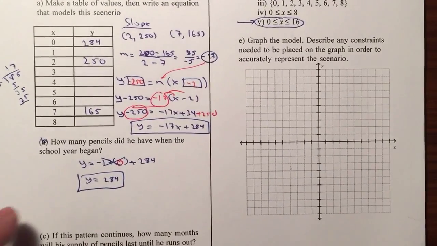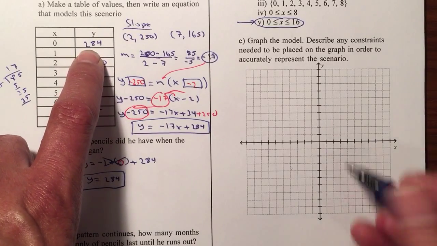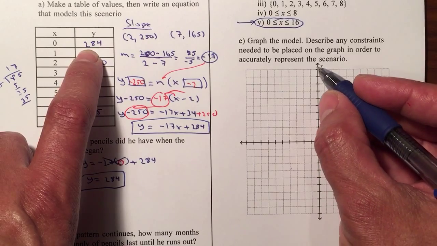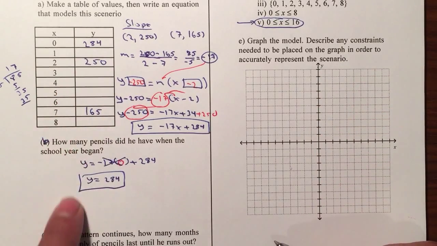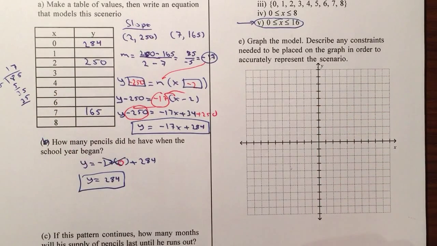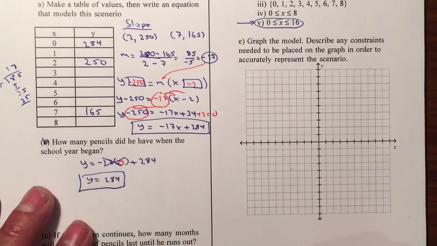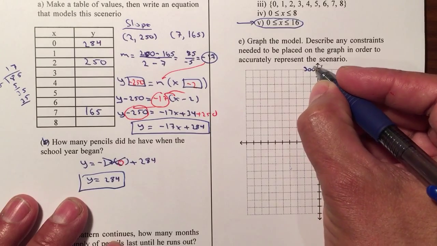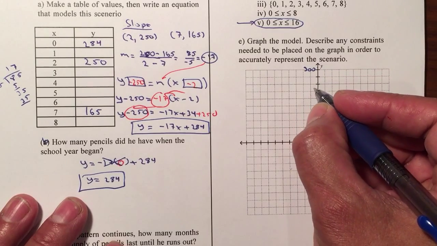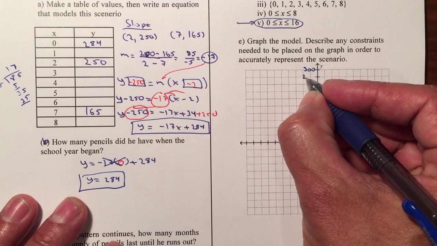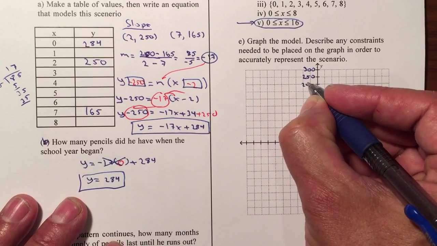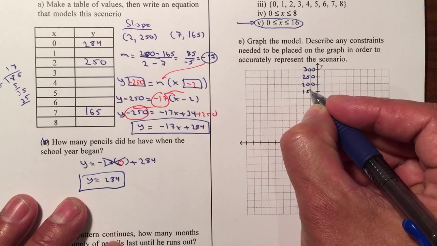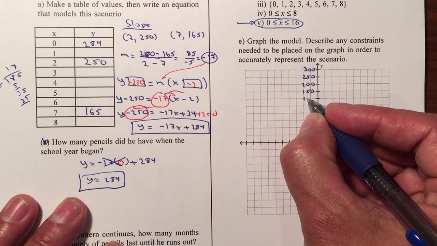Now to graph it, it's a bit challenging just because the number is 284. And we have 1, 2, 3, 4, 5, 6, 7, 8, 9, 10. And I need to go down as low as I can. So let's start with 300. And let's just go down by 50. So it'll be 250, 200, 150. That might be a little too small.